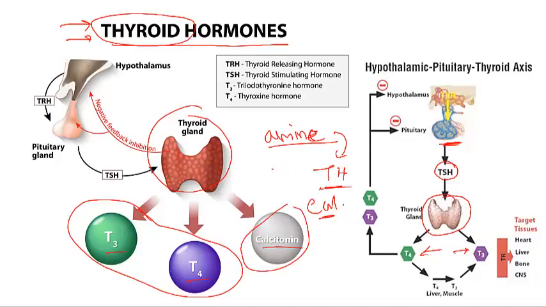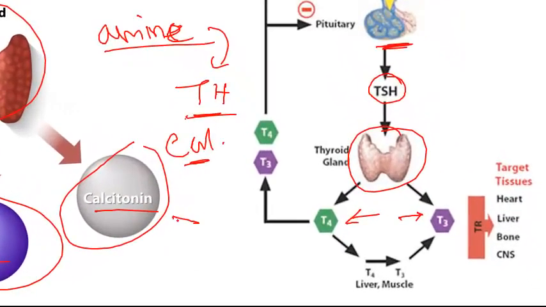Now the targets and function of all these hormones: the thyroid hormones, T3 and T4, regulate mainly metabolic processes in our body. They are very essential for the normal growth of our body. They are essential for the development of the nervous system and the functionality of the nervous system in adults. They also amplify the effect of the sympathetic nervous system in our body, while calcitonin helps regulate the blood calcium ion concentration by inhibiting osteoclast activity.